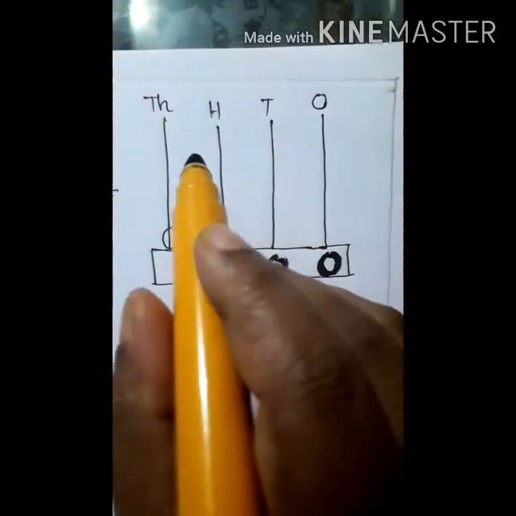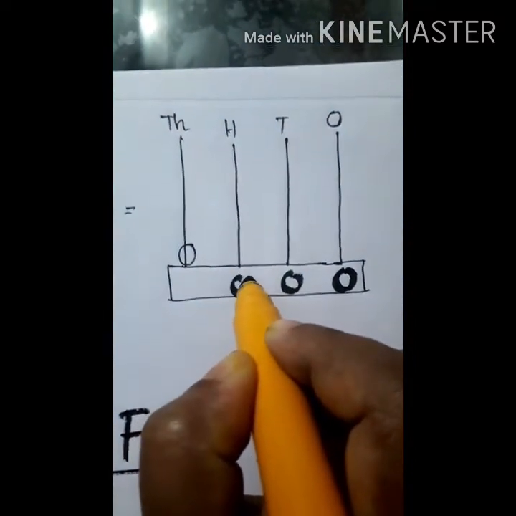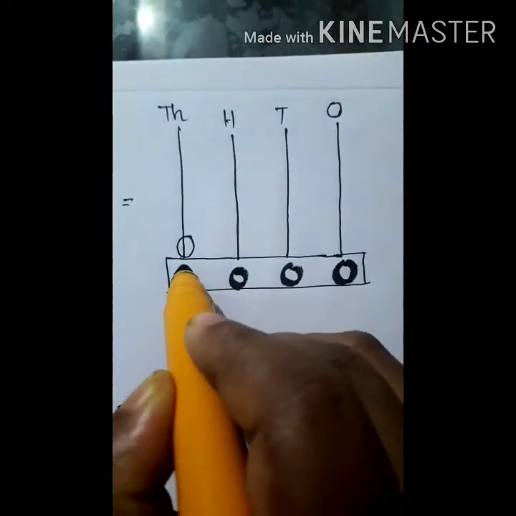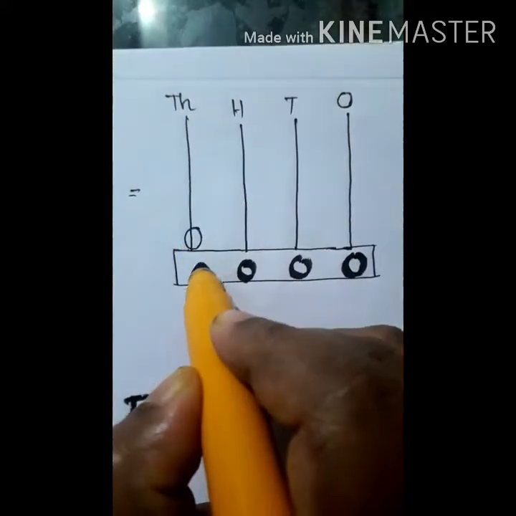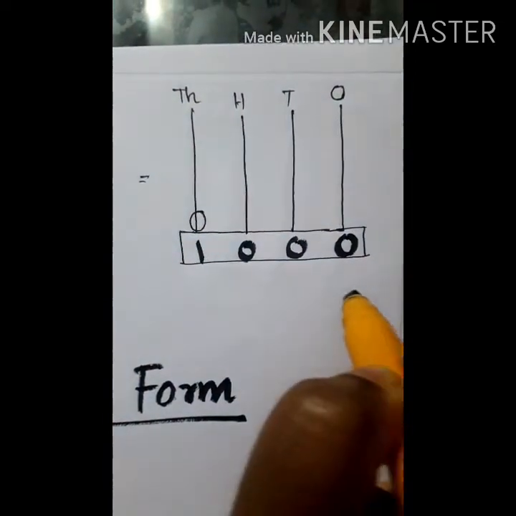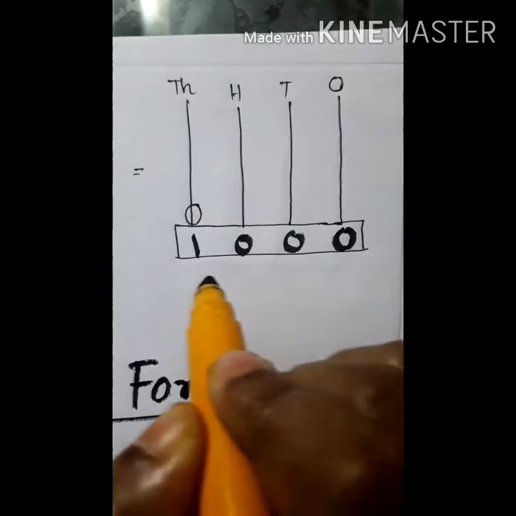And in hundreds place also no beads. We will write 0. And in thousands place one bead is there. So what will we write? 1. So we get the smallest 4-digit number, that is 1000.